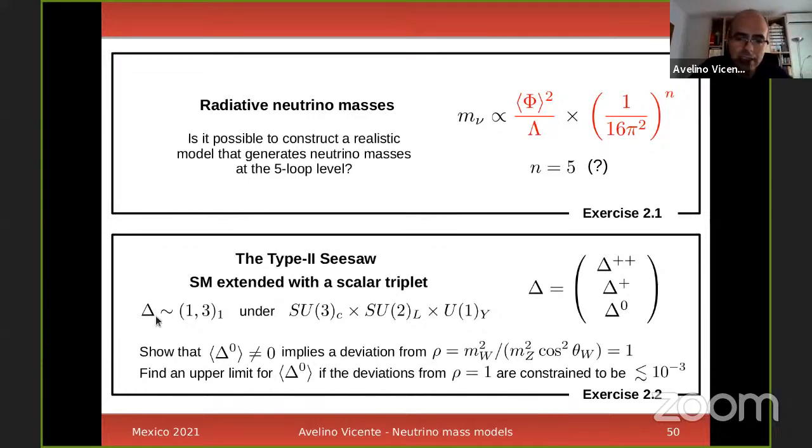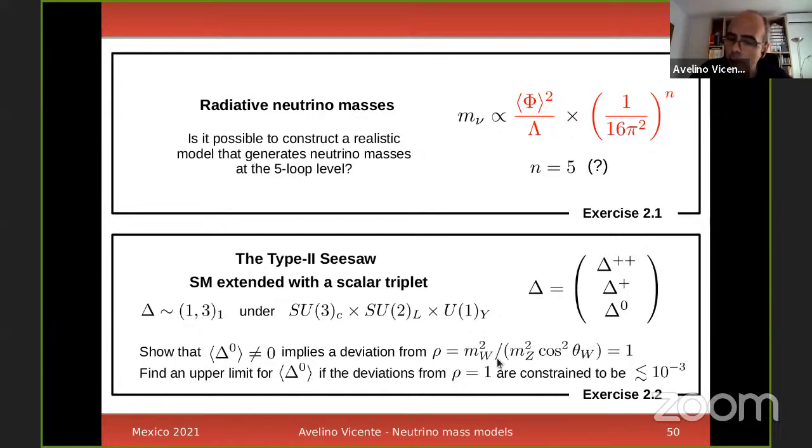And the second, and this is very well connected to Jose Ignacio Illana's lectures. So I mentioned in passing very quickly that there is a version of the seesaw that uses a scalar triplet. If the scalar triplet has a VEV, it modifies something that is called the rho parameter. It's a very important quantity in the standard model.